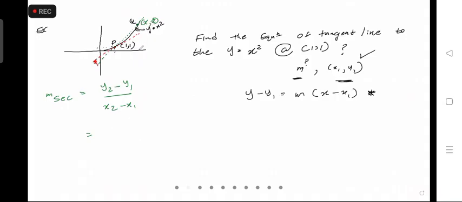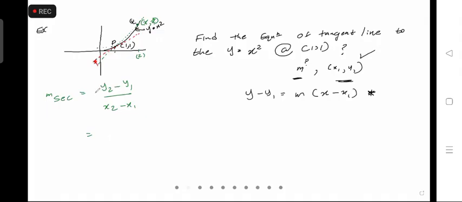For example, if you need the coordinates at x equals 2, you apply 2 here and here, that means (2, 4). Like that, you can find the coordinates. If you know the function y equals x squared, you can define the coordinates of Q. Now you can find the gradient of the secant line.